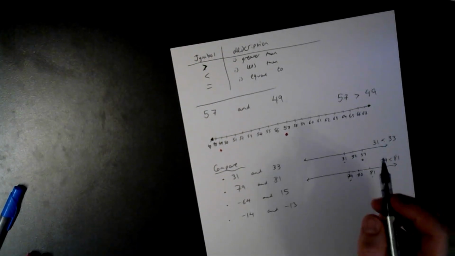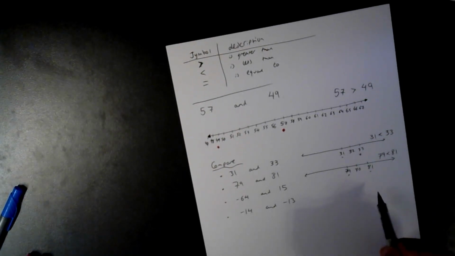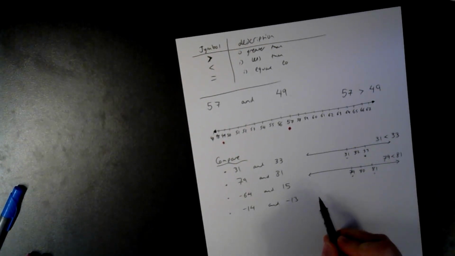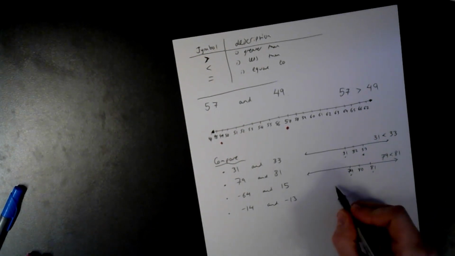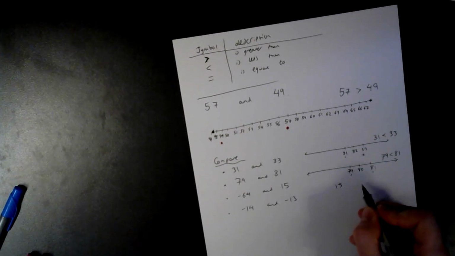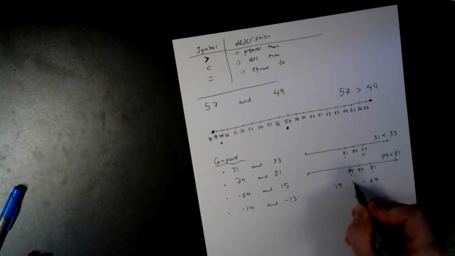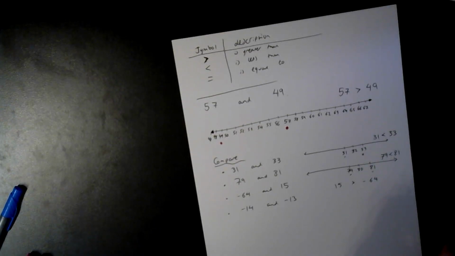So although sometimes it looks like you need to do some complicated method, it can simplify quite a bit when we just remember that 15 is positive, minus 64 is negative. So 15 is bigger than minus 64.